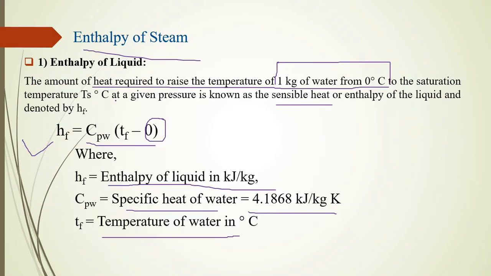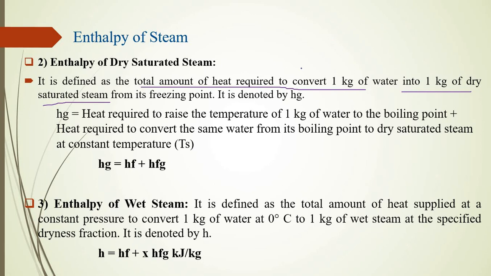First we have to give heat from the temperature of 0 degrees centigrade to the saturated temperature; that's the enthalpy of liquid. Then the saturated water is converted into dry saturated steam, and that's called the enthalpy of dry saturated steam.